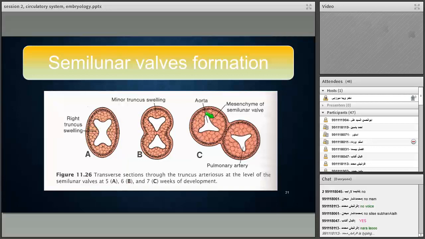Look at here, the mesenchyme of the semilunar valve. Here in the aorta and the pulmonary artery, the mesenchyme of these tubercles is proliferating and forming the semilunar valves.